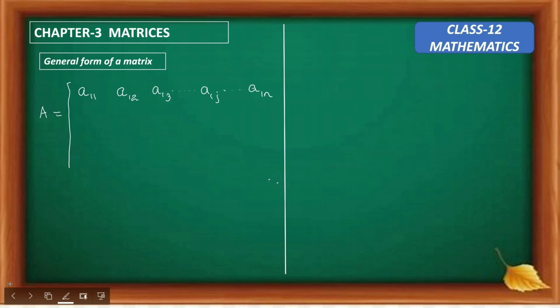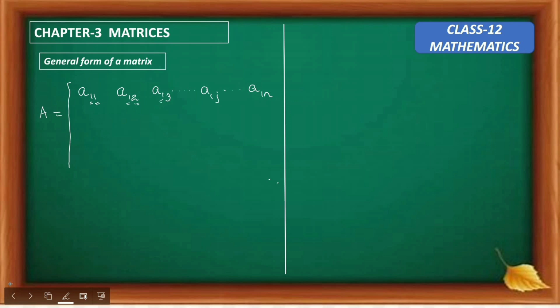What is a11? The first index represents which row? This is the first row. The second index represents which column? That is the first column. Similarly, a12 means first row and second column.